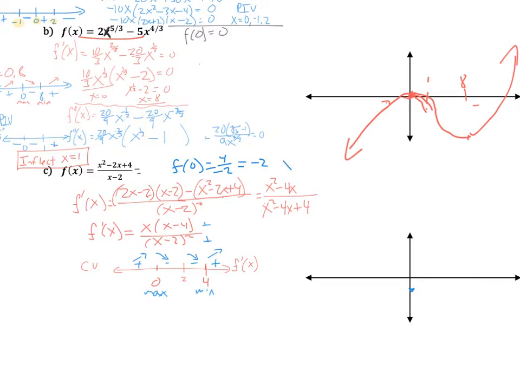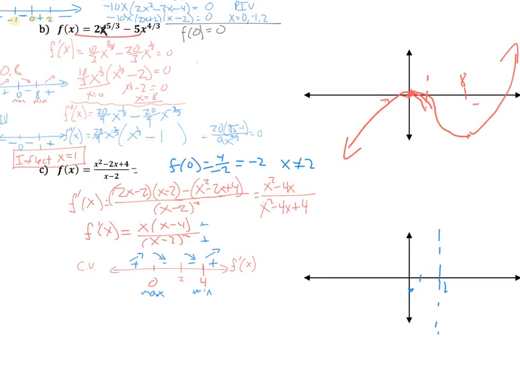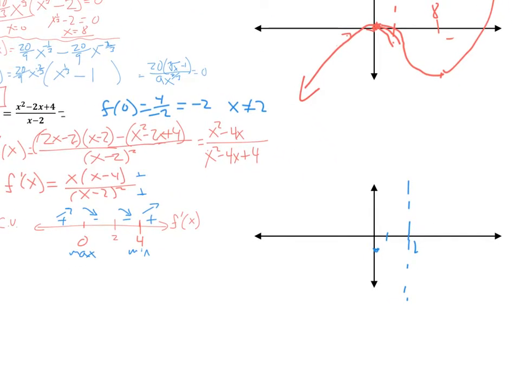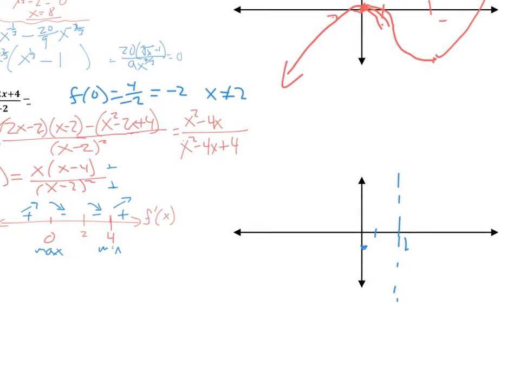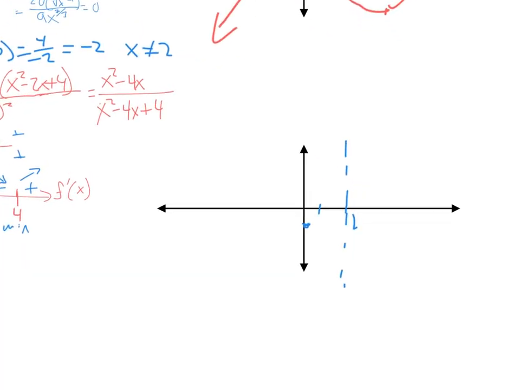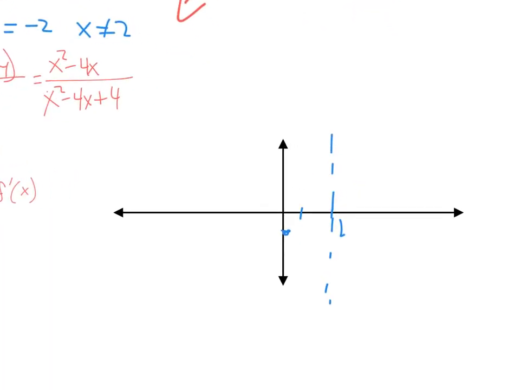And we also know that x does not equal 2. That's going to be an asymptote. So somewhere over here at 2, there's going to be an asymptote there, all right? And so we know that we have an asymptote. We know 0 is going to have a max somewhere. Oh, and we found 0. Look at that. All right, so 0 is a max.